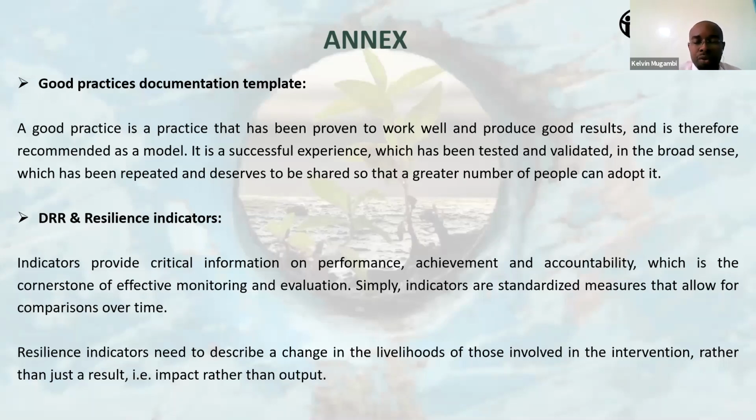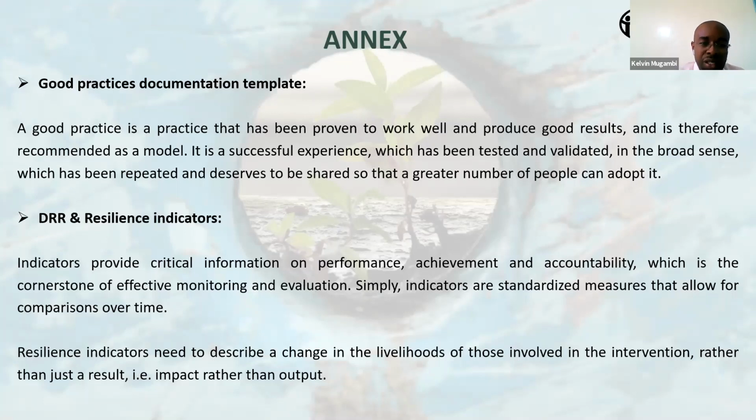And so if one resilience project has been done well, for instance in Madagascar, and it has proved to work best, or changed the well-being of the community, it's best that they document it in a way that other country offices can adopt the same. So here we have the template that the policy has provided, so that we are all on the same line.